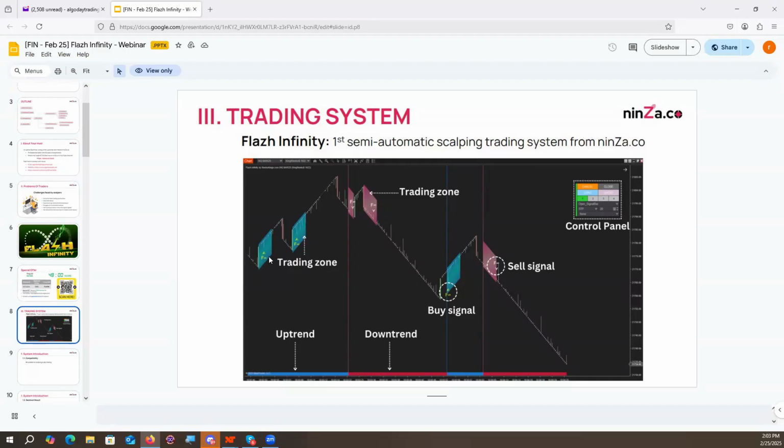And then it's going to wait for this bar that's pulling back to close up to generate a long signal. The opposite for a short signal: we have a trend first, then we have a zone, and then the strategy waits for a bar to pull up, kind of a retracement, and then still close down for a short signal.